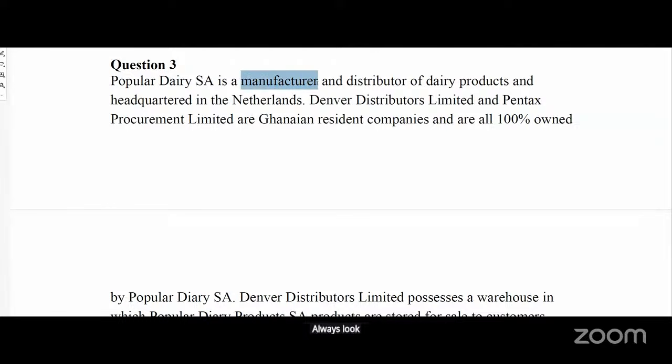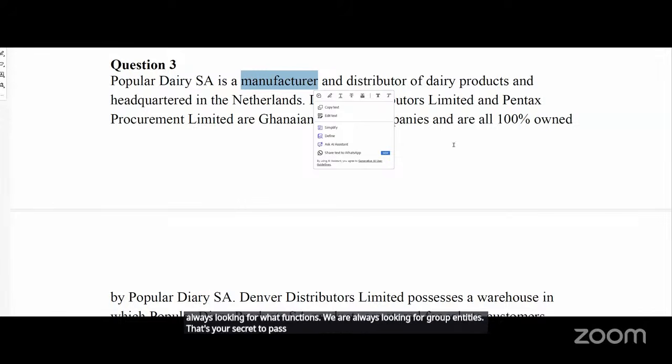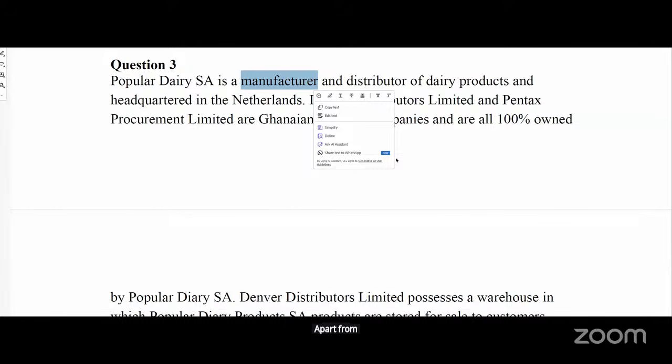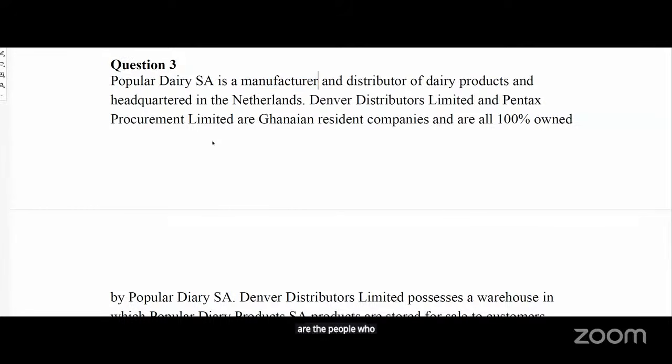Functions. Even in transfer pricing, we are always looking for functions, assets, risks. Apart from those, also look for group entities, because those are the people who mostly bypass tax laws.